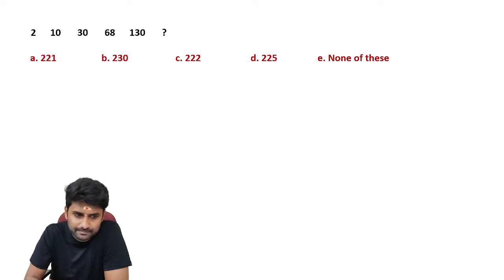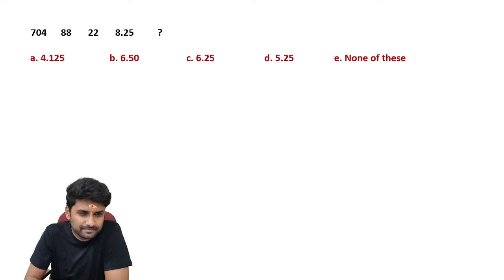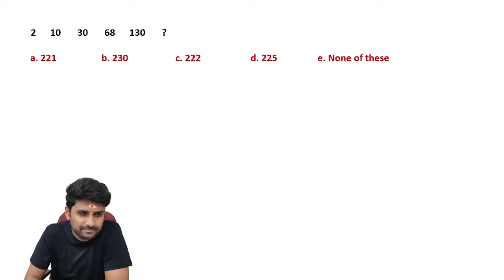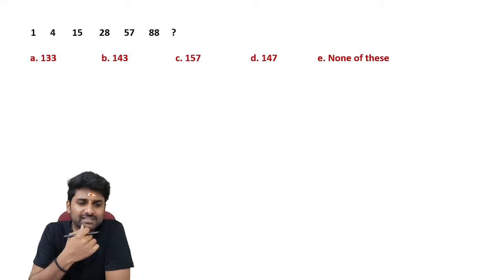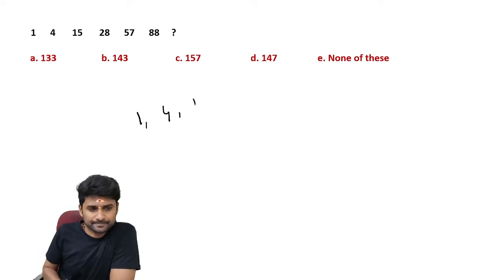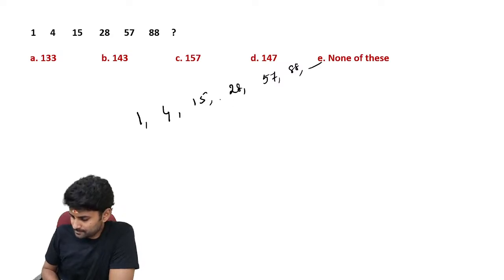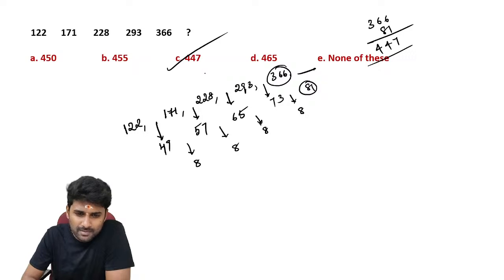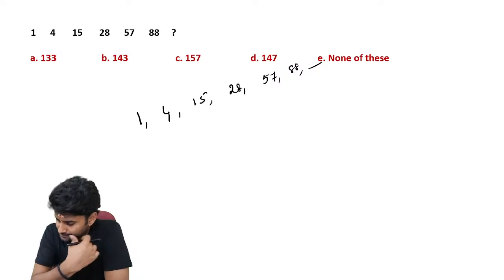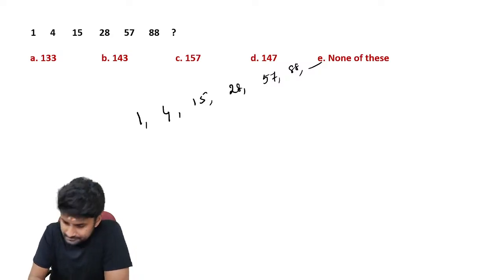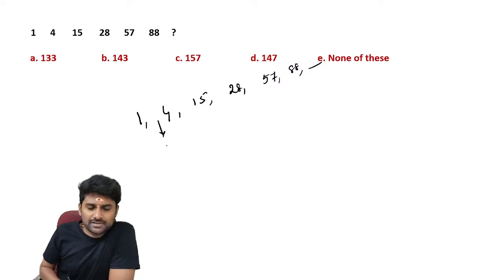Next. 1, 4, 15, 28, 57 and 88. See here the difference of 3 units.